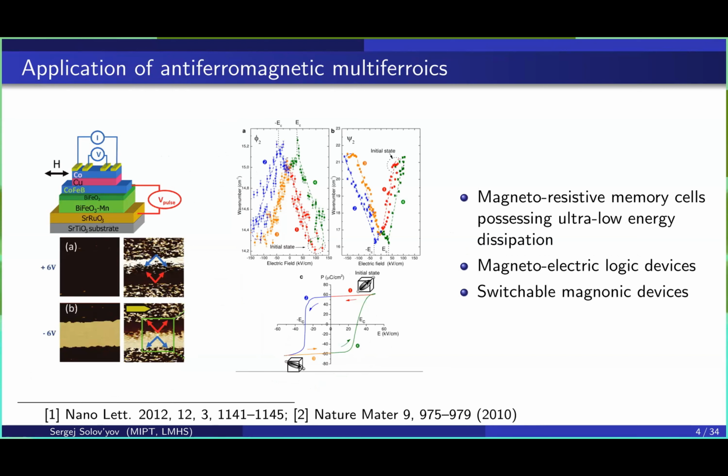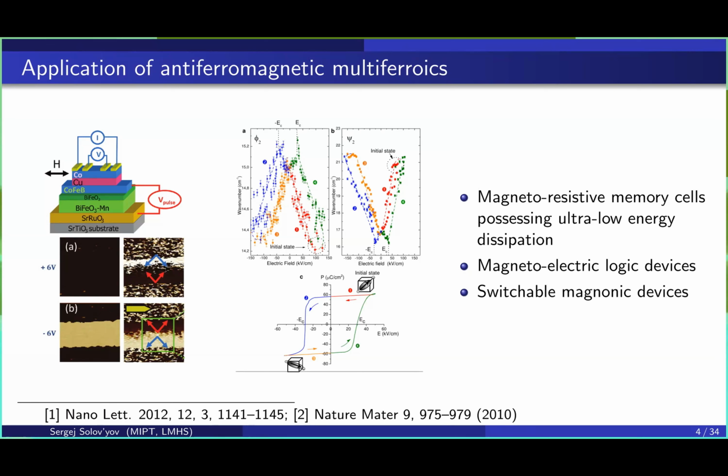Speaking of practical applications of bismuth ferrite, there are suggestions to use this material as an antiferromagnetic layer exchange-coupled with a ferromagnetic layer in a spin valve structure, and due to these magnetoelectric properties, it's possible to make magnetoresistive memory cells possessing ultra-low energy dissipation and controlled by application of voltage to the multiferroic layer.